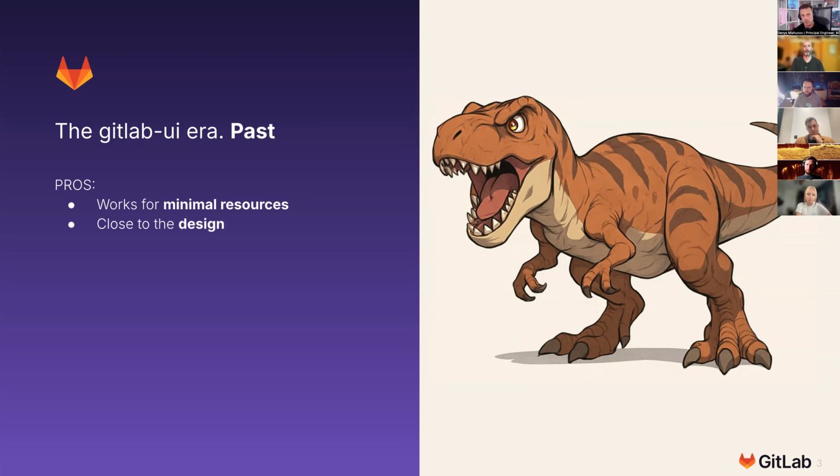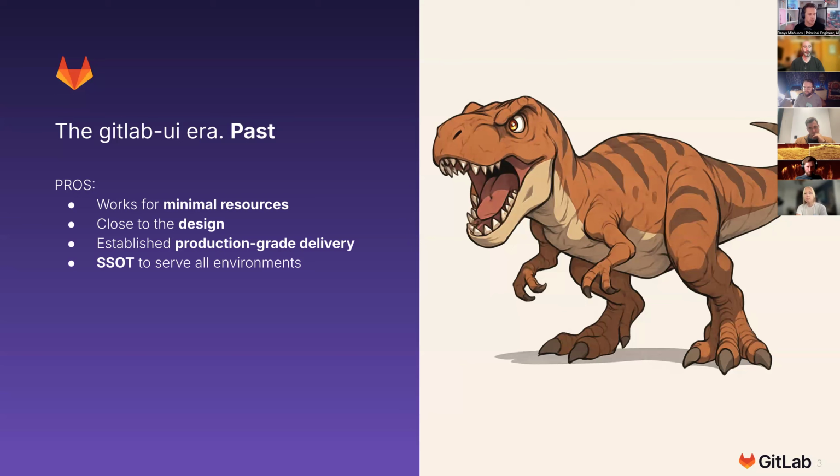It was very close to the design. So the GitLab UI was sort of the representation of the design. And we could piggyback the established production grade delivery of GitLab UI package without actually investing in building a new delivery chain. It was a single source of truth to serve all environments, web IDEs.